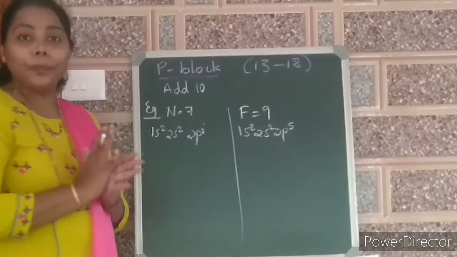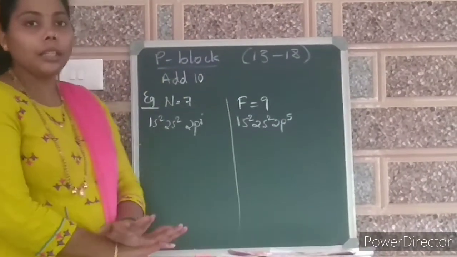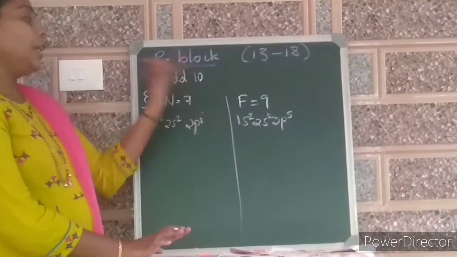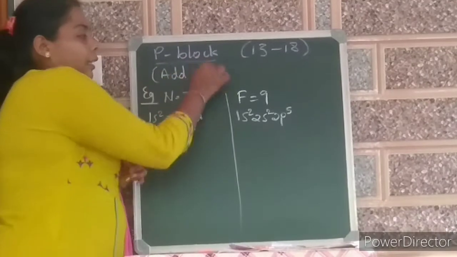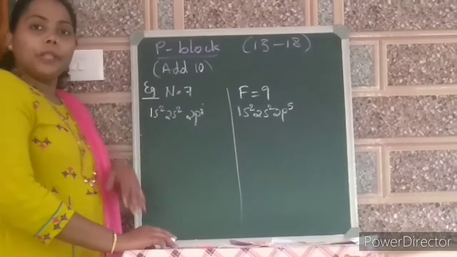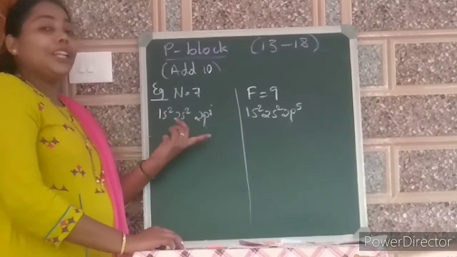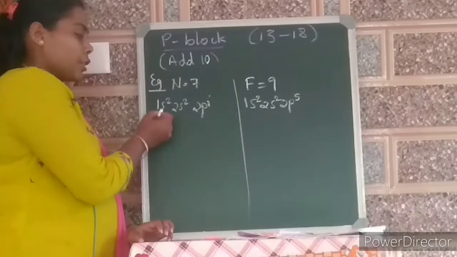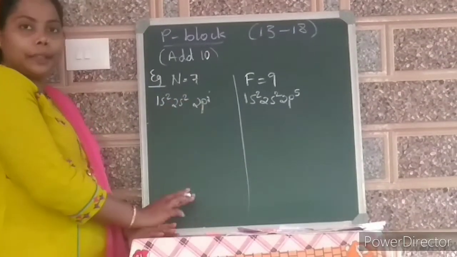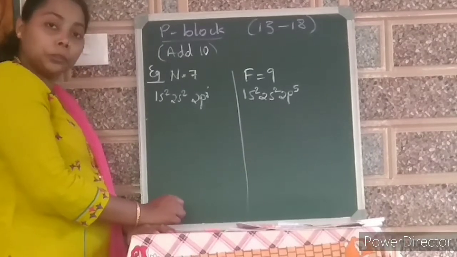Next one is P block elements. We know that groups 13 to 18 are P block elements. Here one rule is that we need to add 10. I will tell you what that is. Take an example of nitrogen, which has atomic number 7. So, the electronic configuration for nitrogen is 1s2, 2s2, 2p3. Now, you have to calculate the number of electrons in its outermost shell.